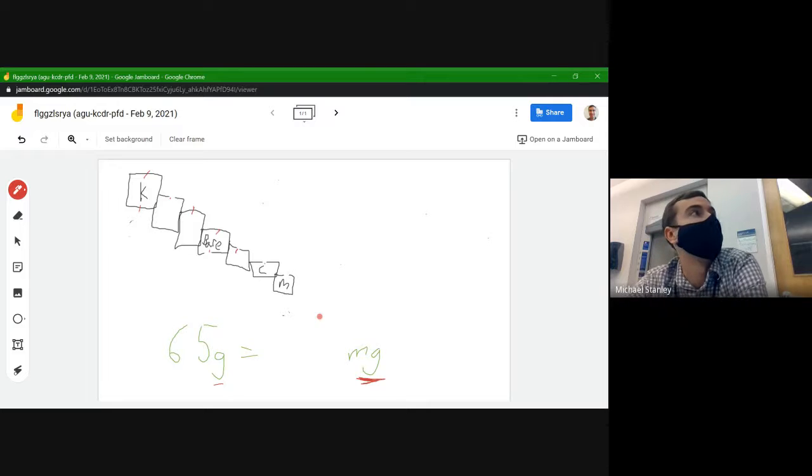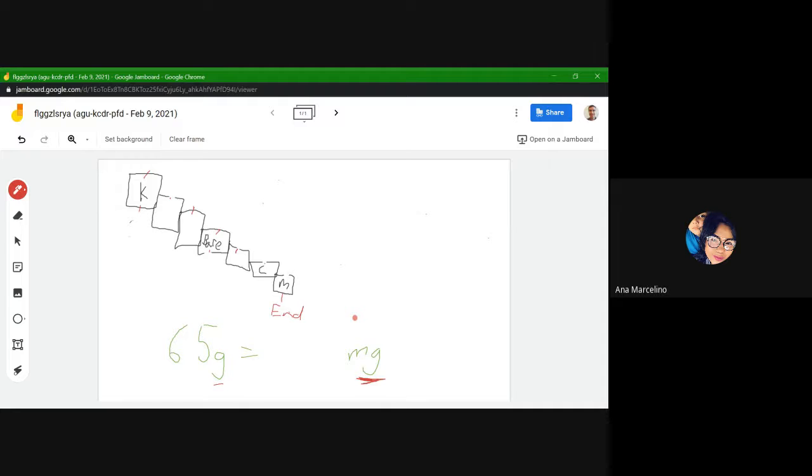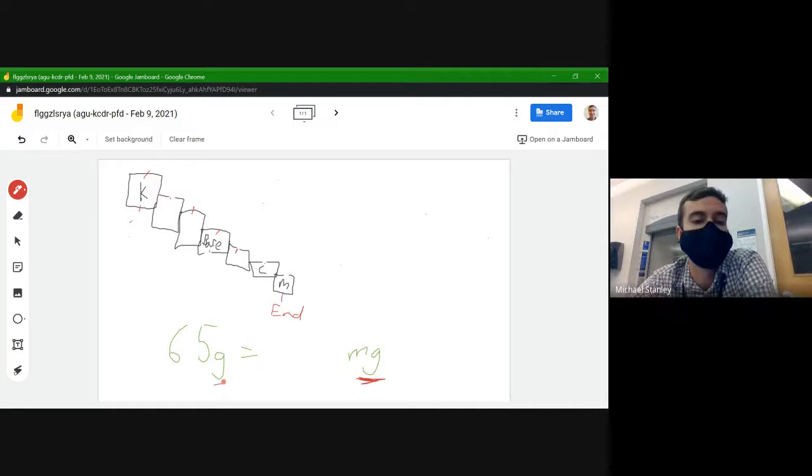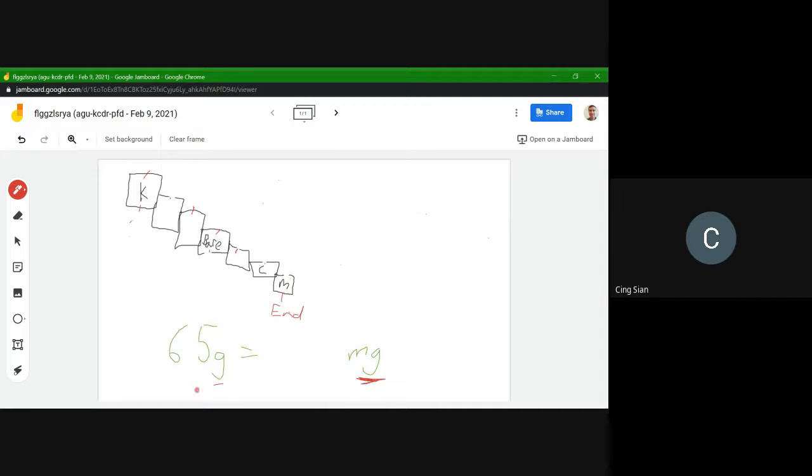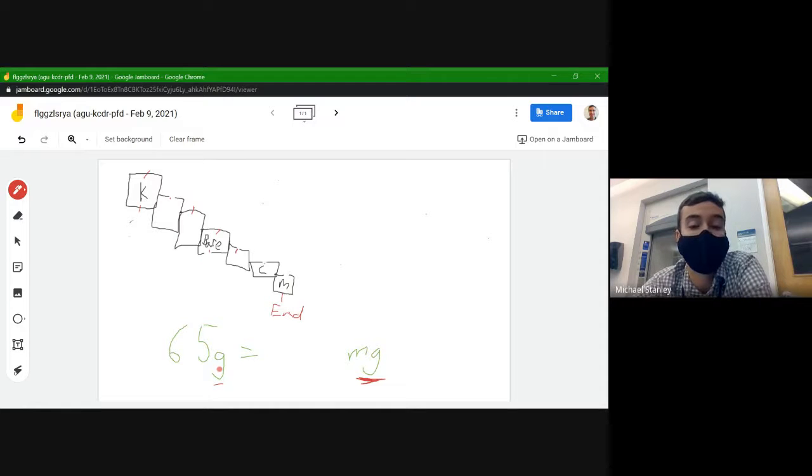That's what we're going to. So milligrams is going to be our end point right here. Do we start with the kilograms? Our starting unit is the gram, the base. Gram is one of our base units. Right, so right here is going to be where we start.